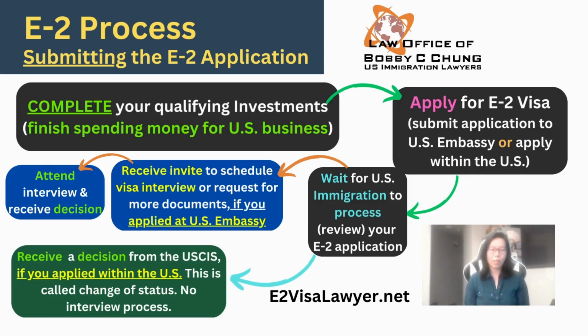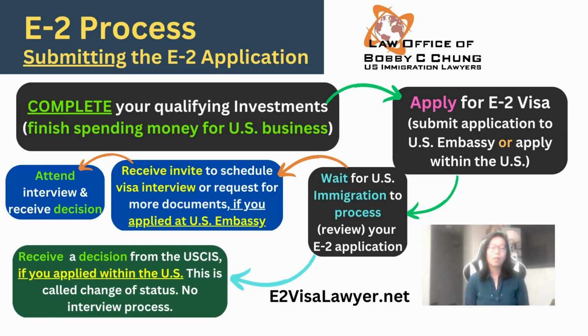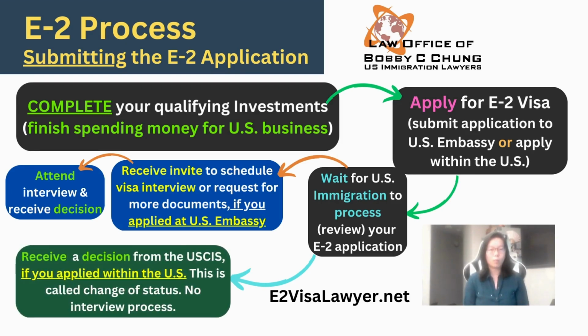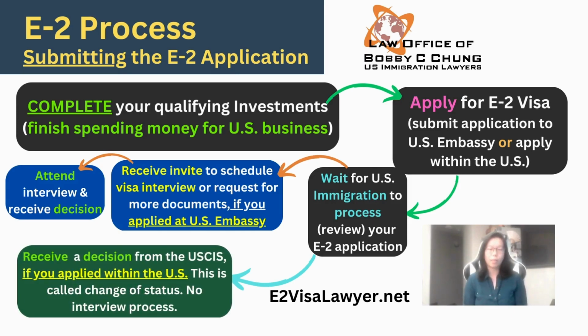For those who are already in the US and eligible to do so, they can potentially submit their E2 application within the US, requesting a change of status to E2. This process does not require an interview at all. It's just submitting the relevant forms and documents needed for the E2 application and waiting for U.S. immigration to come back with a decision.